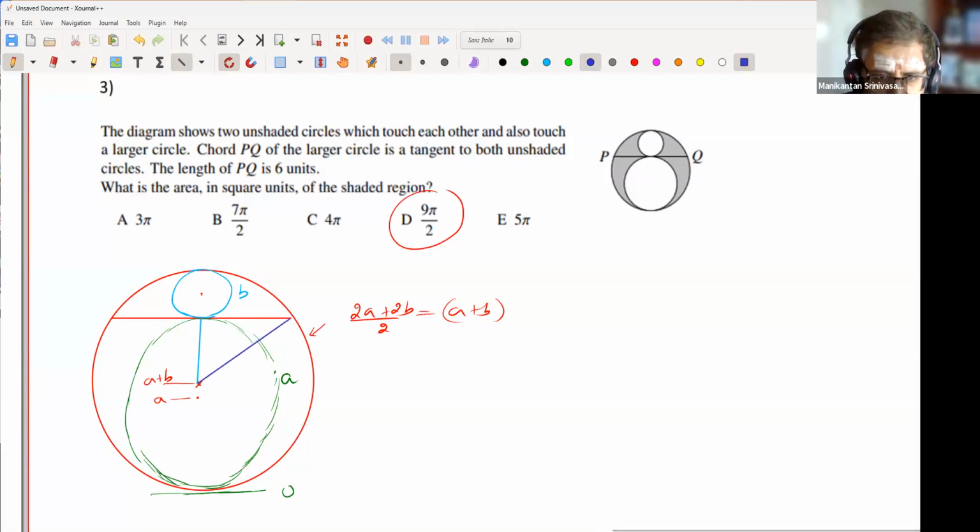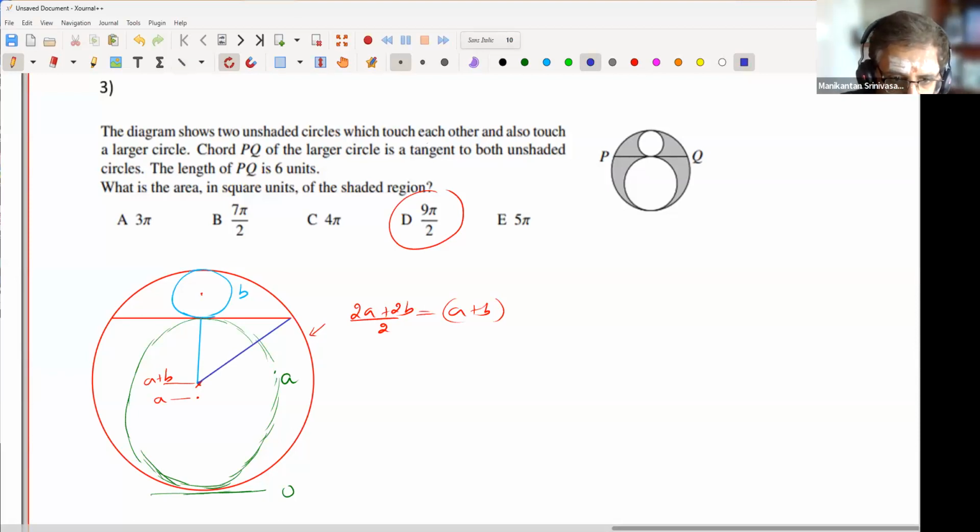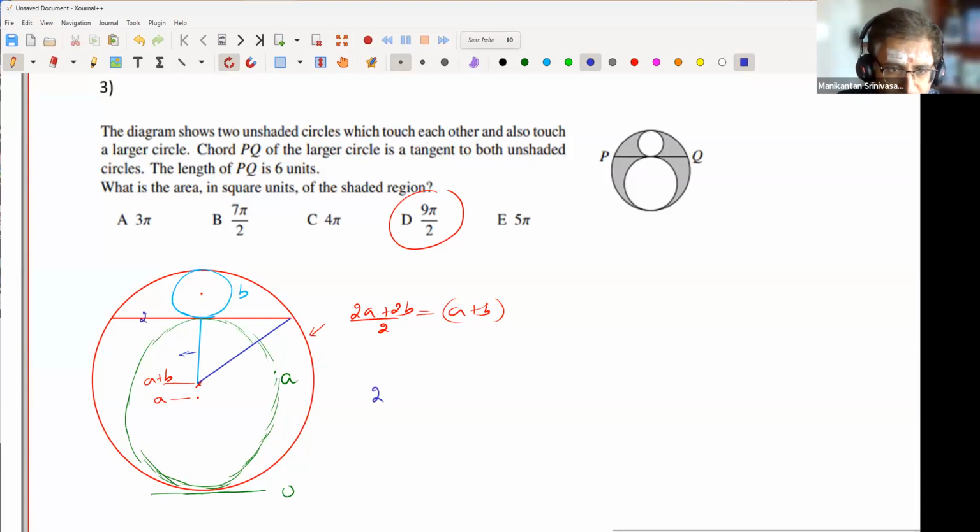And just simple Pythagoras theorem should do it, right? So this height, so this would be how much? 2A. So this height is at 2A, right? Because it's a diameter of the green circle. So it's 2A minus A plus B, just A minus B. So this height is A minus B.